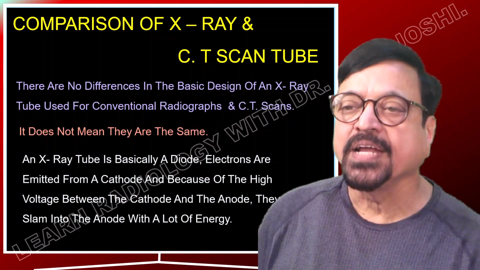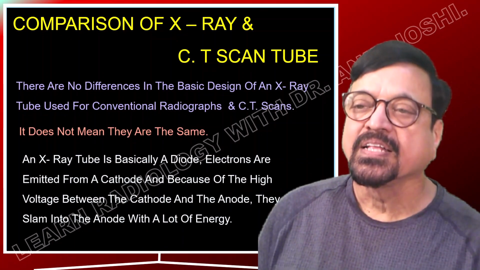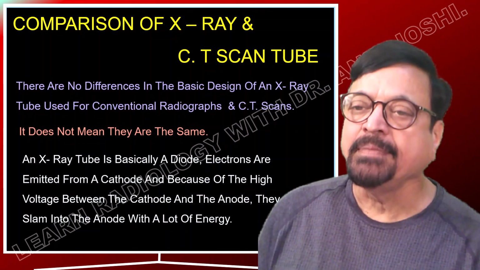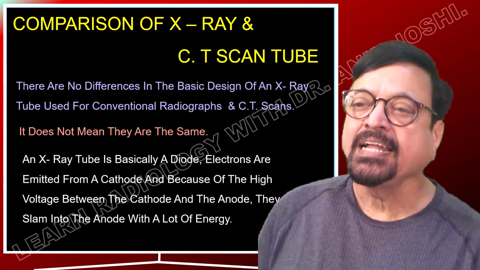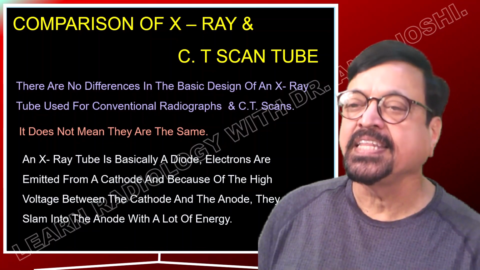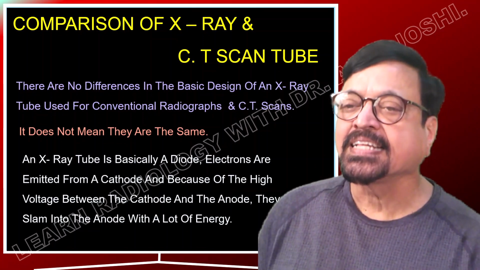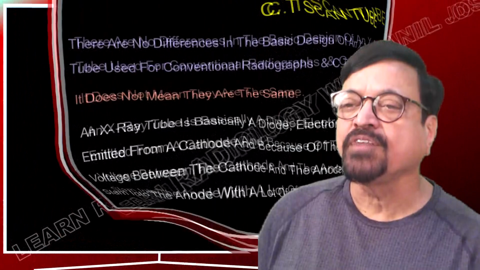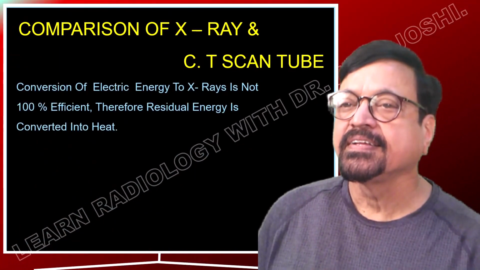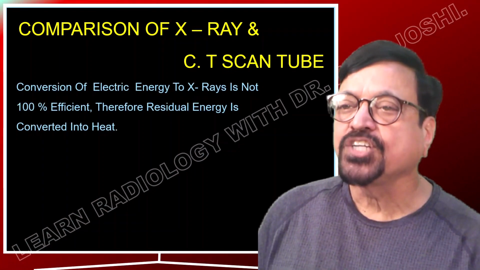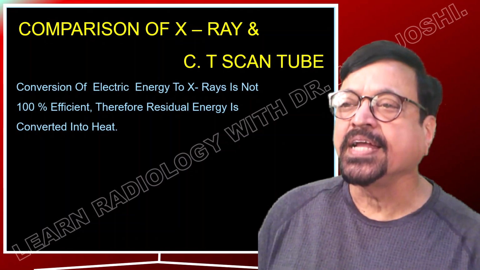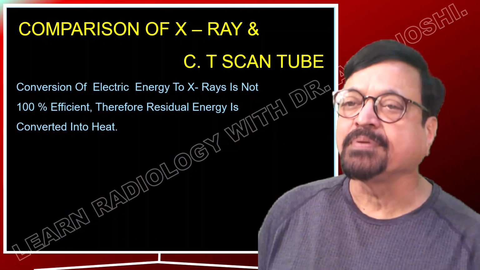An X-ray tube is basically a diode, that is, electrons are emitted from a cathode, and because of the high voltage between the cathode and the anode, they slam into the anode with a lot of energy. Conversion of electric energy to X-ray energy is not 100%.